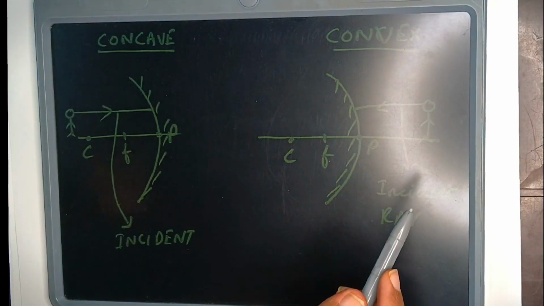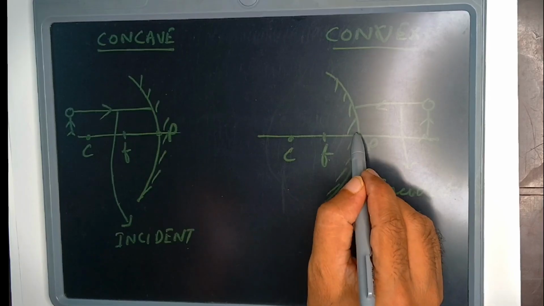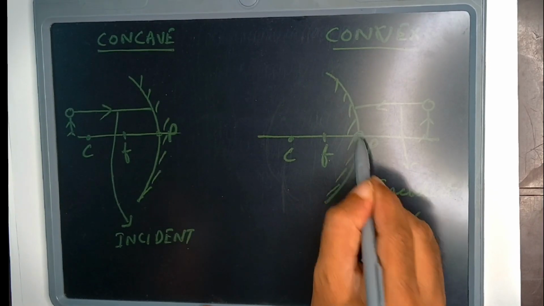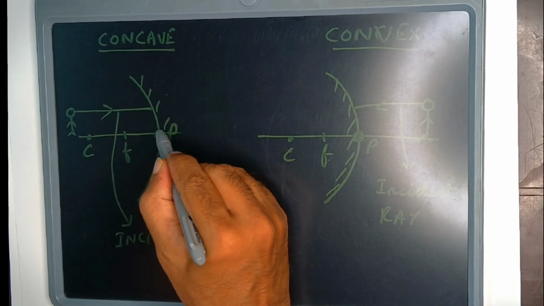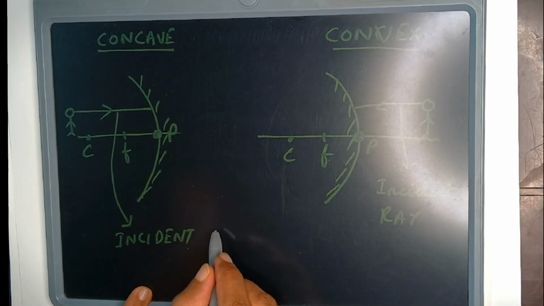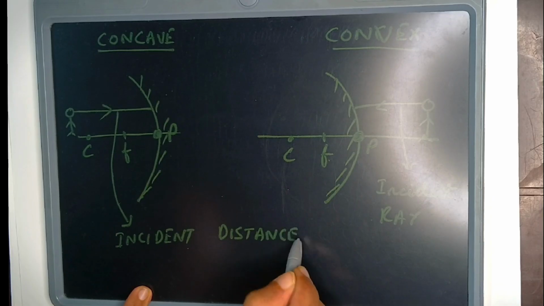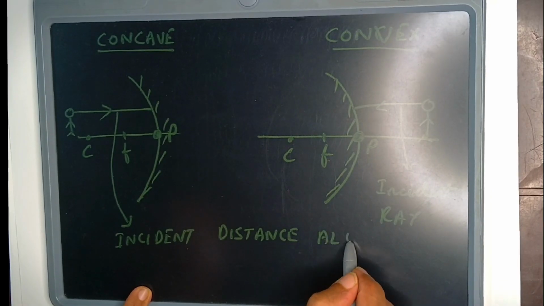Now if I am measuring any distance, I have to always measure from the pole. Distances are always measured from the pole.